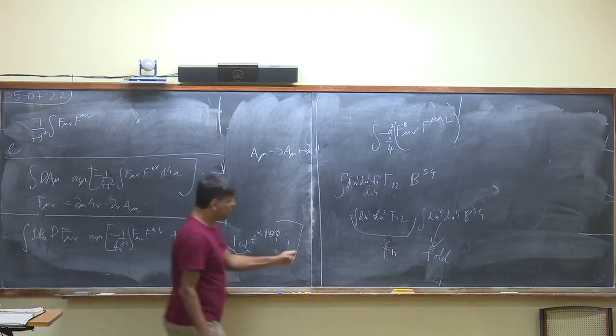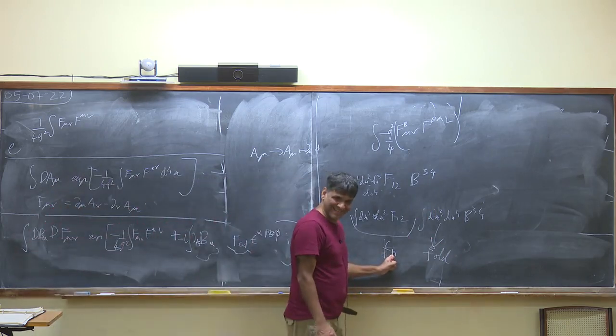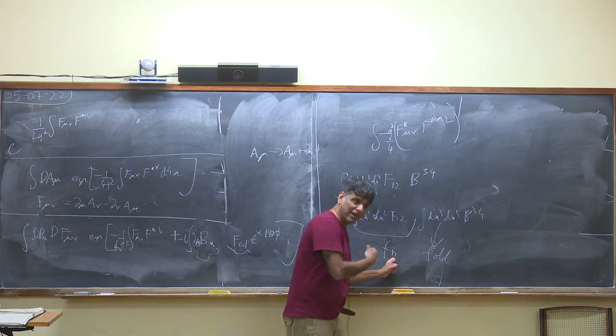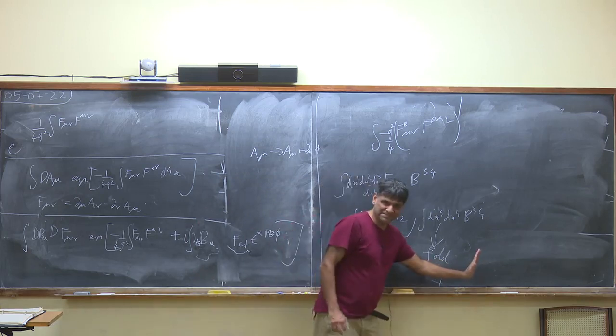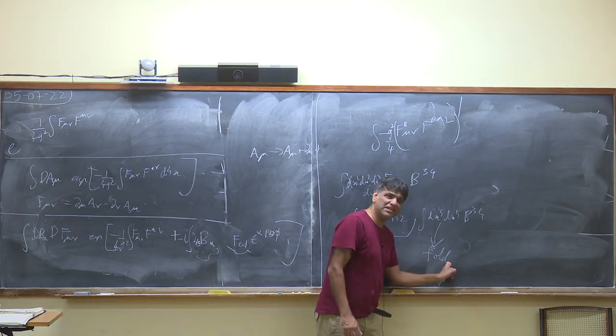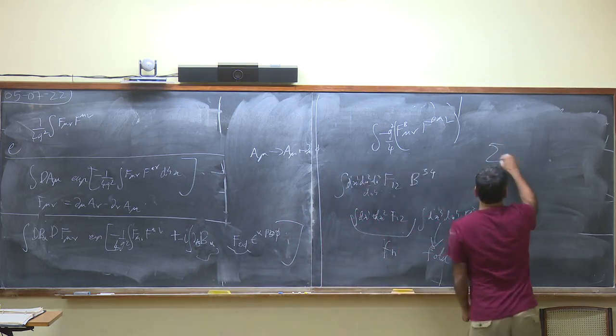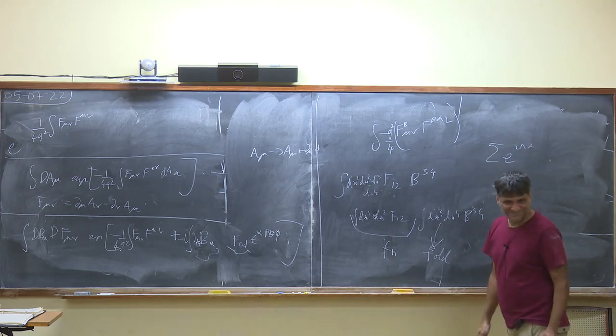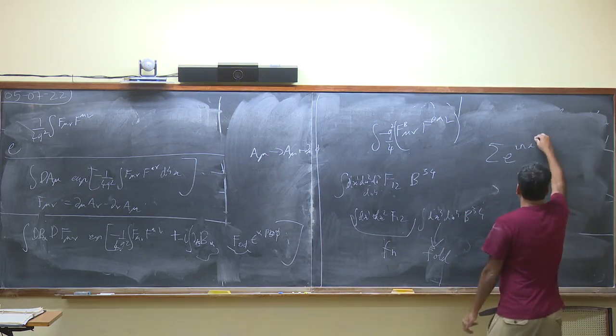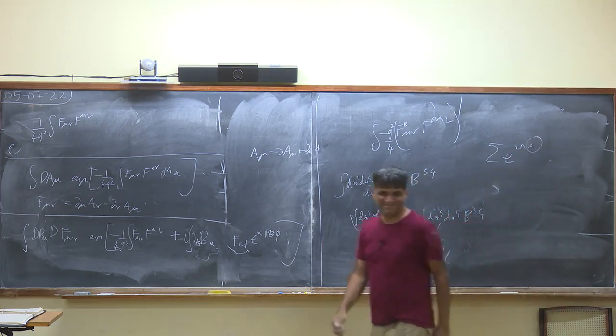Okay, so if we demand that F new takes all integer values, and we sum over those integers, that gives us a quantization condition on F old, using the formula that e to the power i n a, when n is an integer, gives you quantization in units of a being 2 pi.